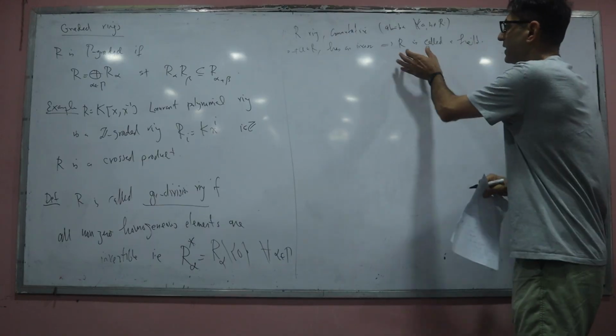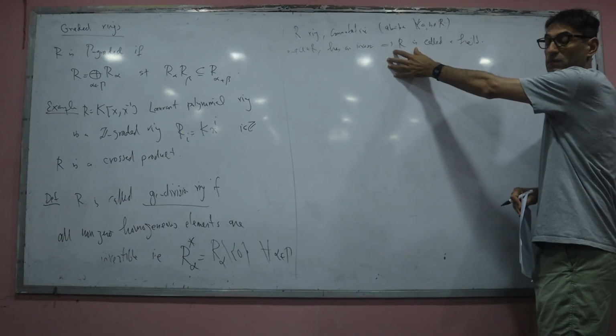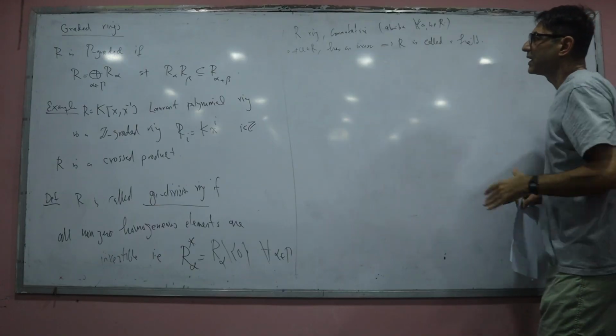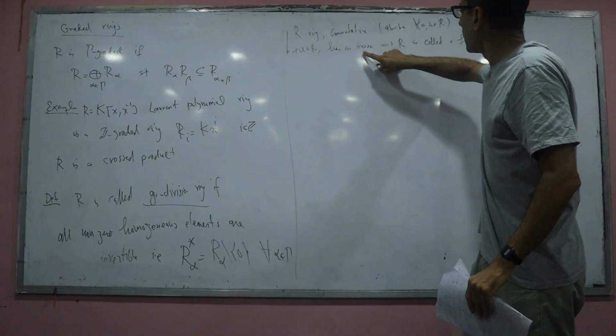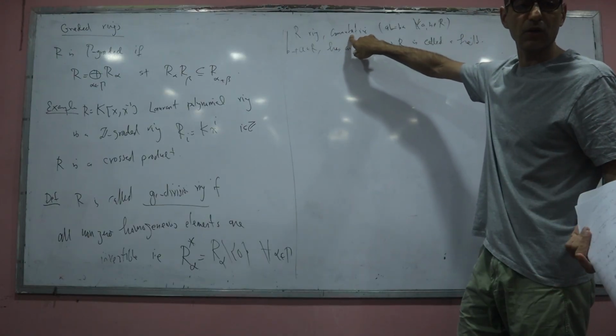And then the whole linear algebra is on fields because they behave very well. For example, they have bases. All the modules are free modules. Now, if it happens that R has all these properties except it's not commutative, then it's called a division ring.